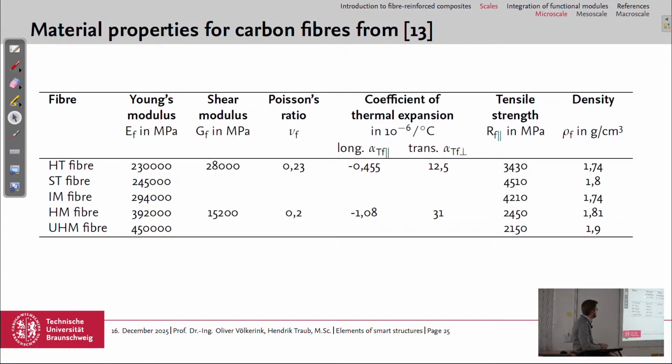If you look at carbon fibers, they have similar tensile strength, lower densities than the glass fibers, but far higher Young's moduli. For the high tenacity fiber, 230 gigapascals, up to the ultra high modulus fiber, UHM, 450 gigapascals.